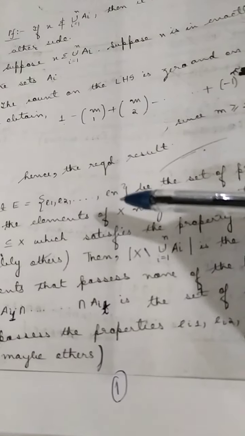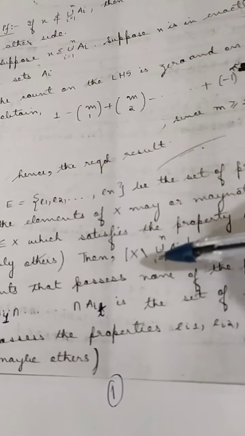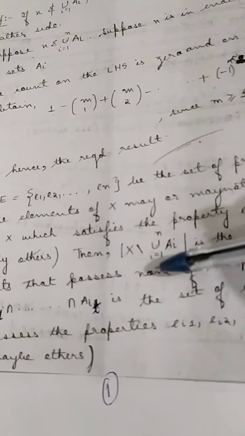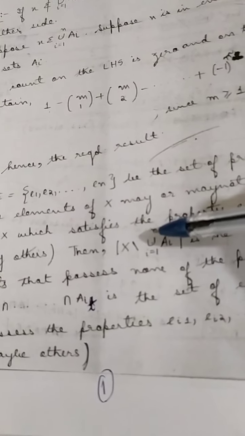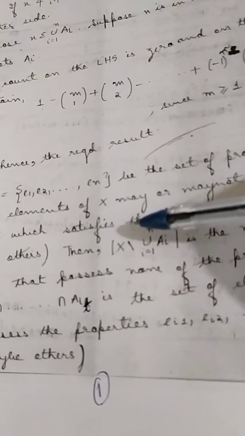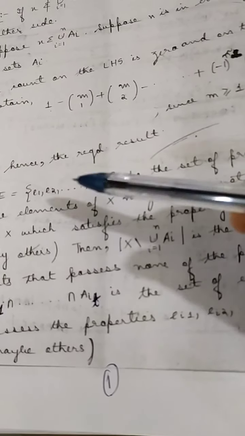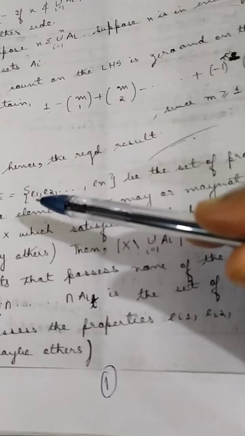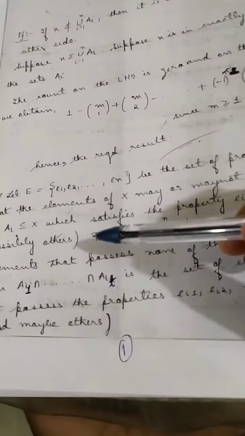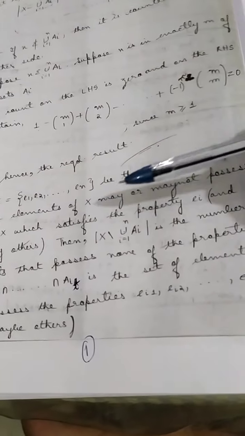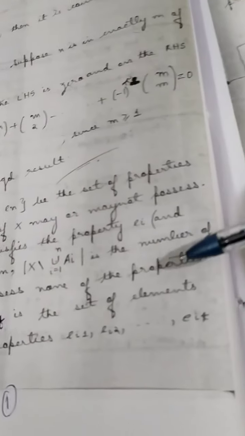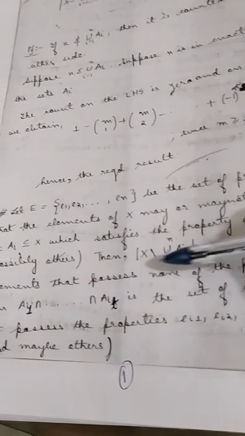That is, if I count the number of elements in X difference the union of Ai from i equals 1 to n, we are deleting all the elements which satisfy the properties E1, E2, up to En. So this set represents the number of elements that possess none of the properties.